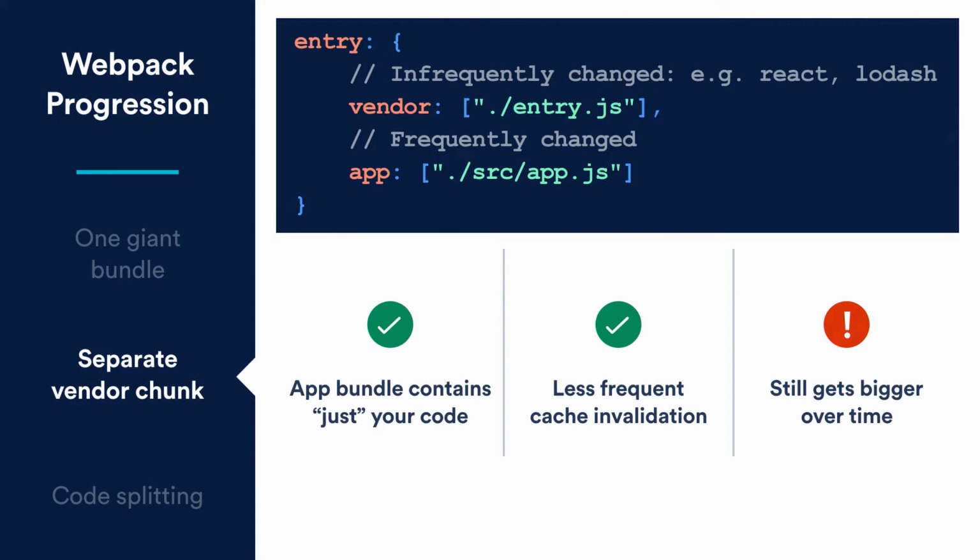By doing so, you can isolate infrequently changed parts of your code, like vendor files, compared to the application that might be changing more often. And so that means that the vendor file would be cache invalidated only when the dependencies of your code change.